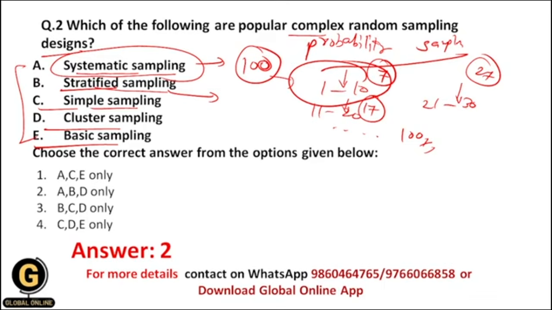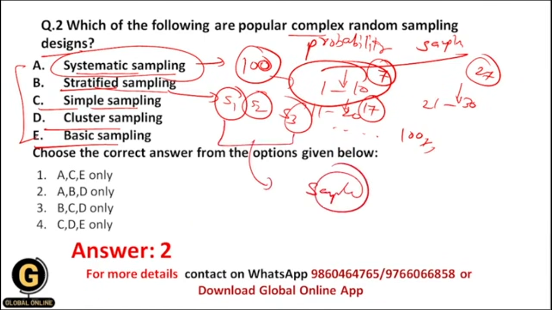What I am going to do is divide this population into different subgroups, for example S1 subgroup, S2, S3, like that, and I am going to select the samples randomly from each subgroup, and after that finally I will make a sample. Okay, this would be the stratified sampling technique.